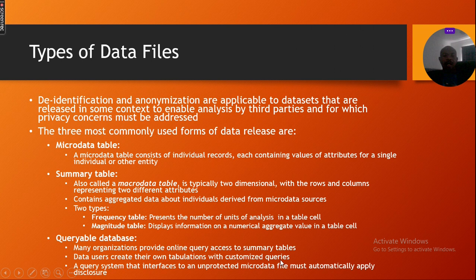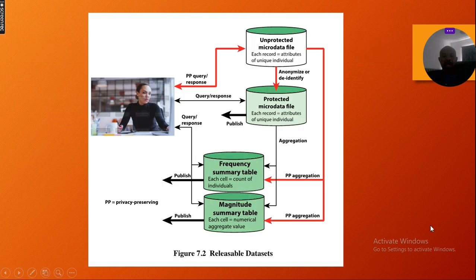A query system that interfaces with an unprotected microdata file must automatically apply disclosure control before it can be accessed.